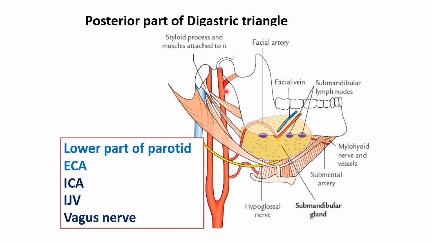They are the lower part of the parotid gland, strictly speaking the anteromedial surface of the parotid gland, and the external carotid artery. Then behind and medially we can identify the internal carotid artery. Then we can identify the internal jugular vein and also the vagus nerve. These are the structures present in the posterior part of the digastric triangle contents.